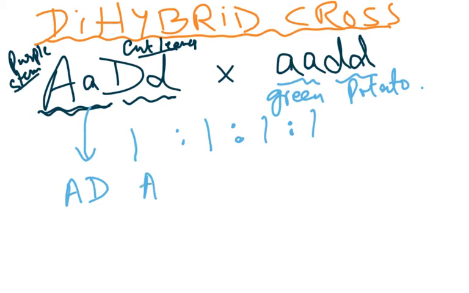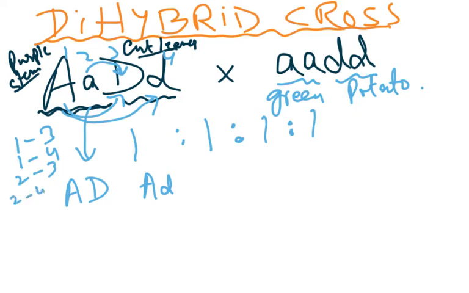So I always number these and I say 1, 2, 3, 4. So the first one is going to be 1, 3, then 1, 4, so big A, small d, then 2, 3, and then 2, 4.